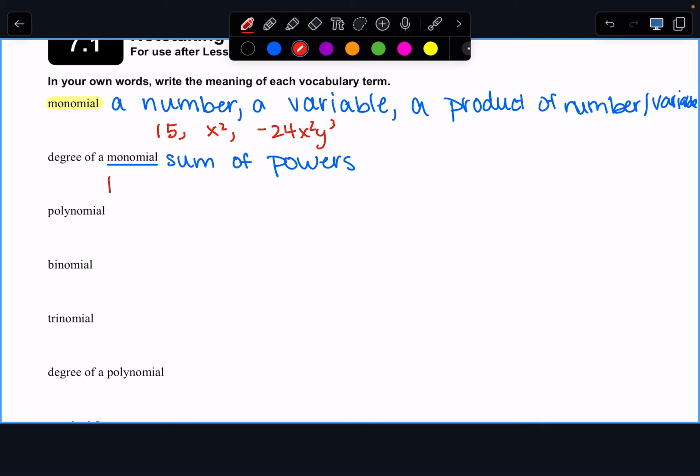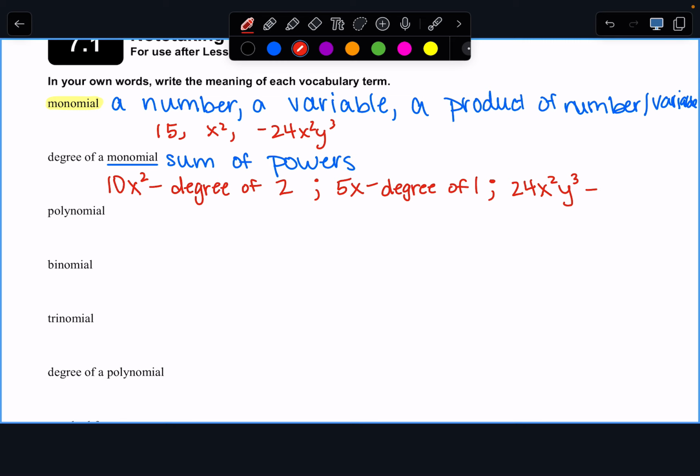So if I have like 10x squared, it has a degree of 2 because that's the exponent for x. What about 5x? What would that have a degree of? 1. It would have a degree of 1 because that's the exponent for x.